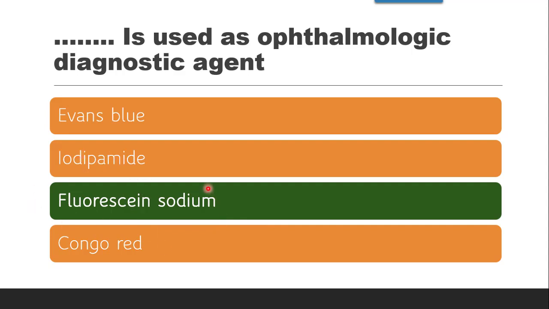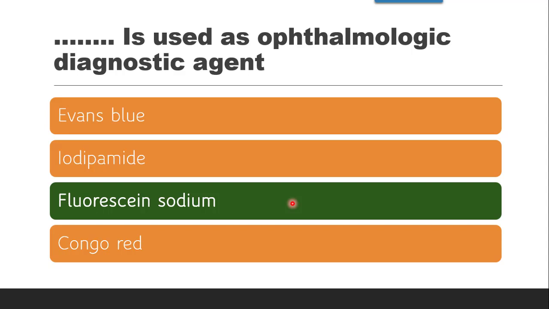So by the virtue of this property of fluorescein sodium, that it stains the abraded areas of the cornea green through its color property, corneal ulcer percentage can also be determined. Along with that, it can also be used to detect foreign bodies which are present in the eye. Why?